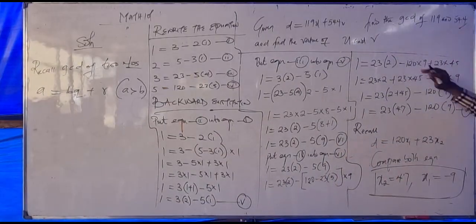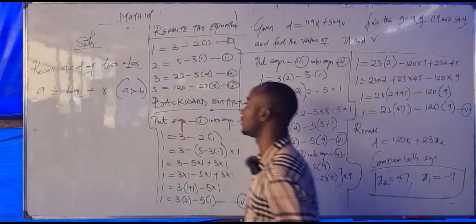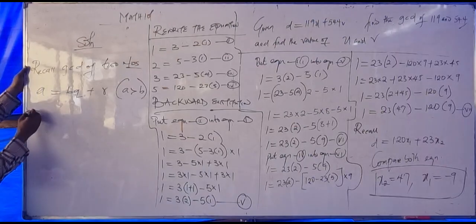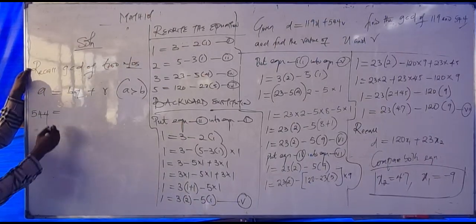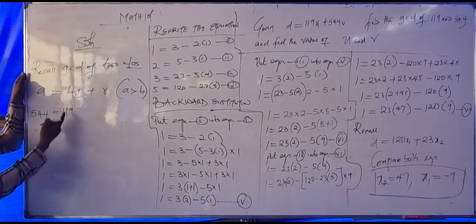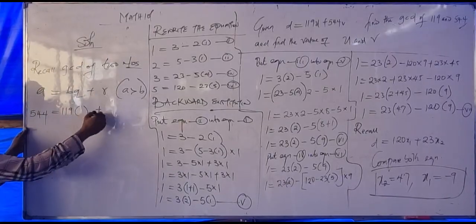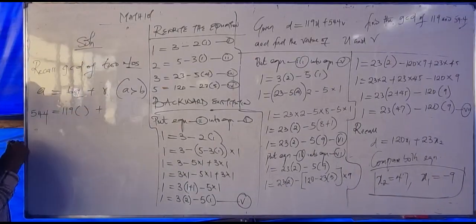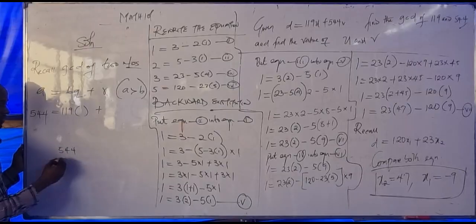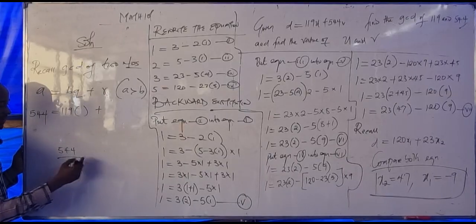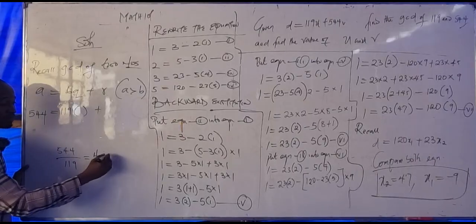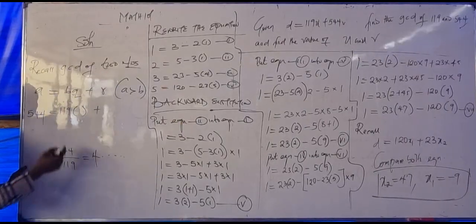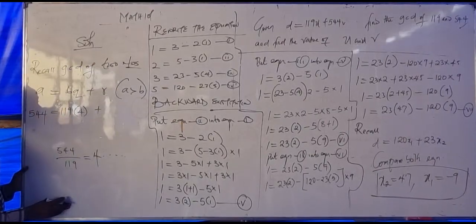This is B. Now watch. A is 544, equals to B, which is 119. So I'm looking for my quotient and remainder. Divide 544 by 119. What do you have? 4 point something, right? Meaning my quotient is 4.